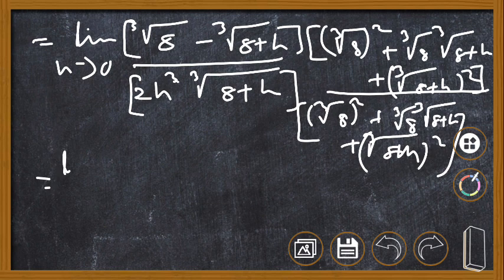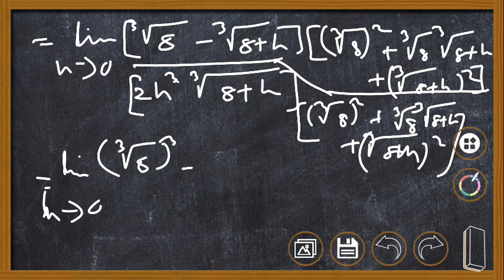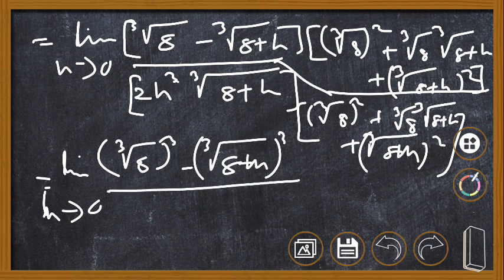So, this one limit h tends to 0, a minus b whole into a square plus ab plus b square gives cube root of 8 whole cube minus cube root of 8 plus h its whole cube, right, divided by 2h into cube root of 8 plus h.